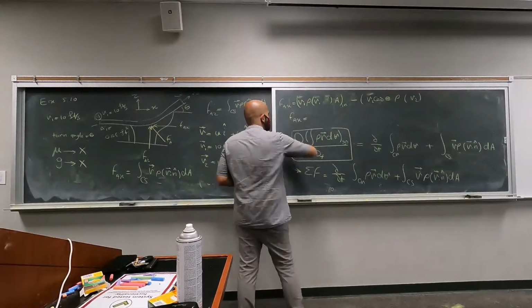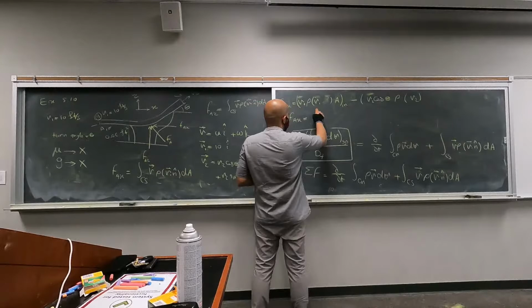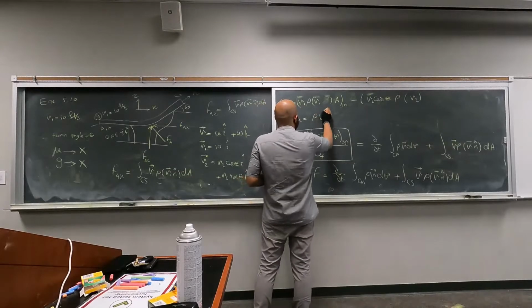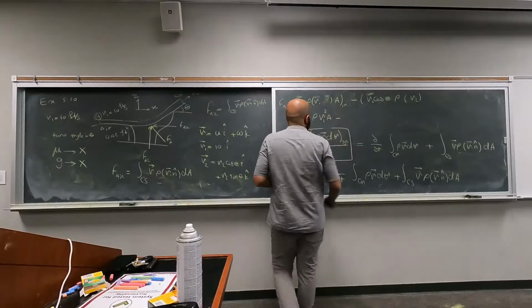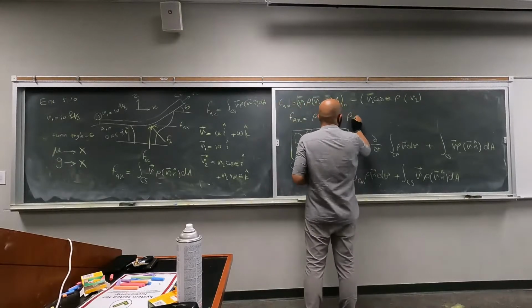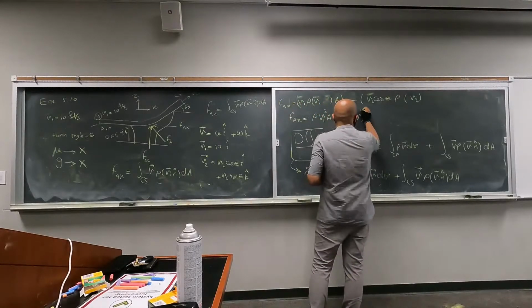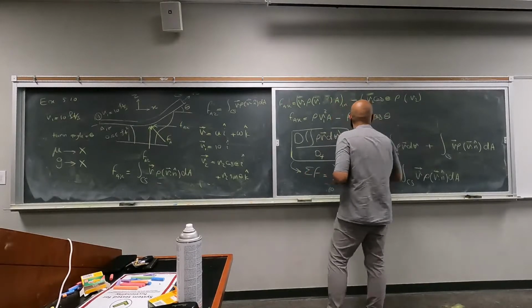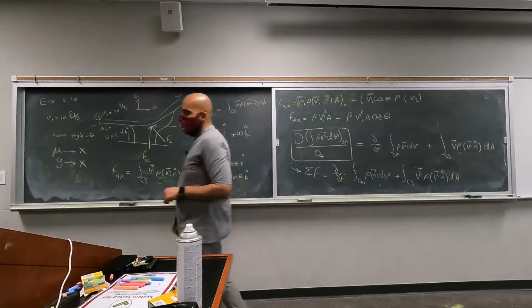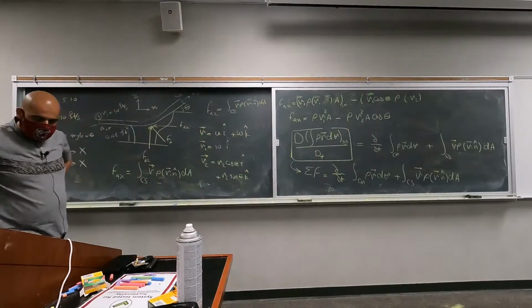Okay, so F_Ax is going to be, these two are equal, rho v1 squared A minus rho v2 squared A cosine of theta.